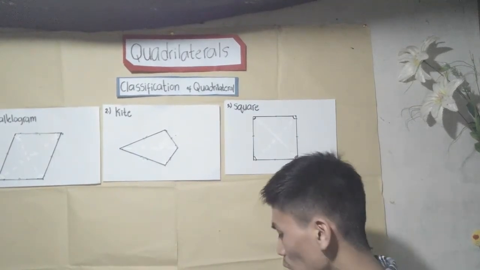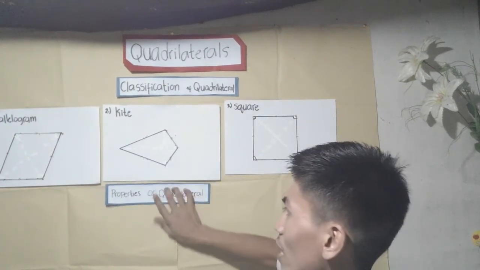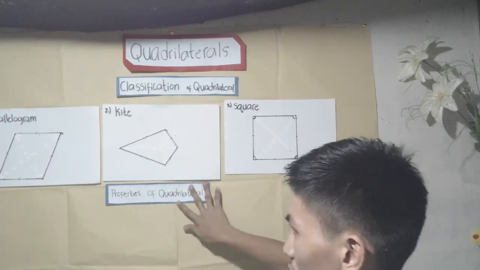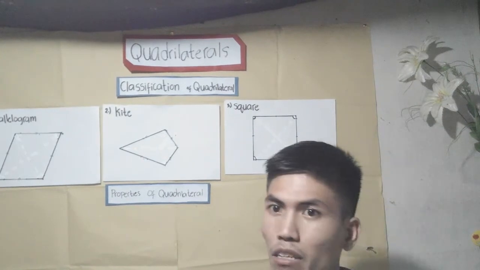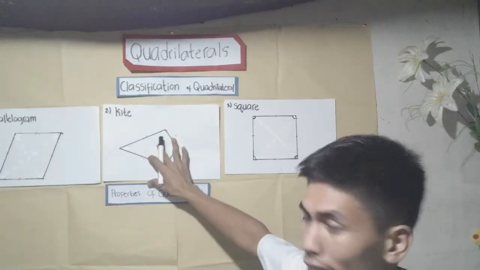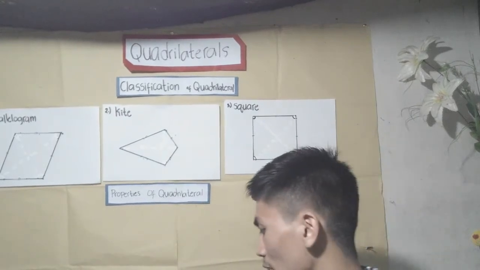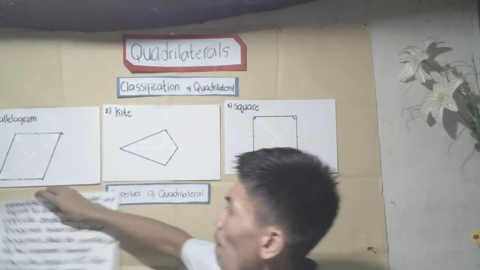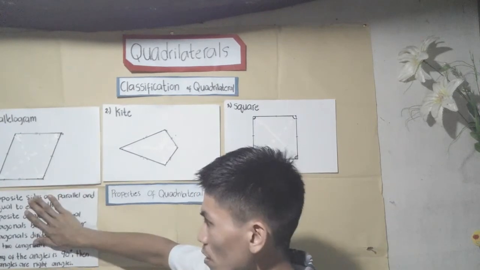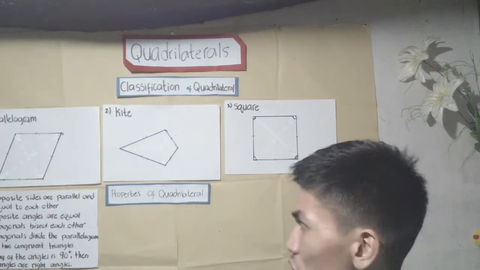Now let's proceed to the properties of quadrilaterals. Let's discuss first the properties of the parallelogram, then the kite, and last the square. Properties of a parallelogram: opposite sides are parallel and equal to each other.